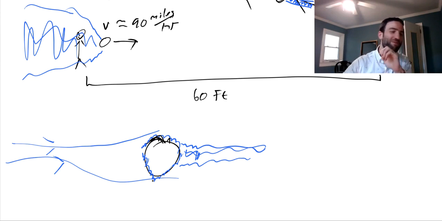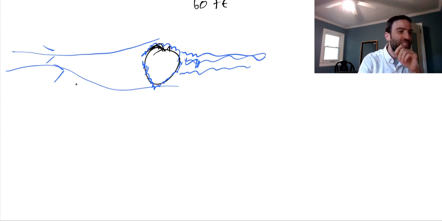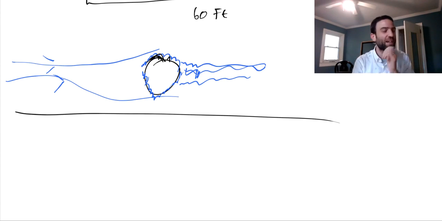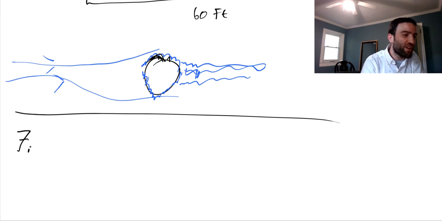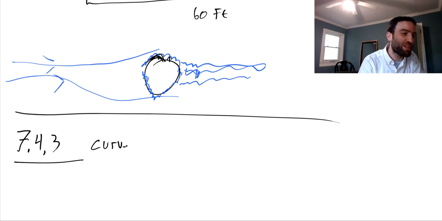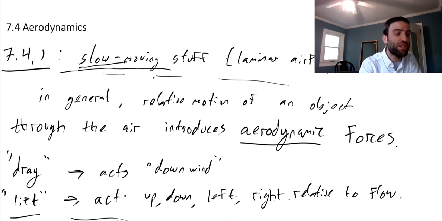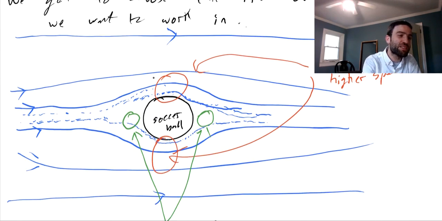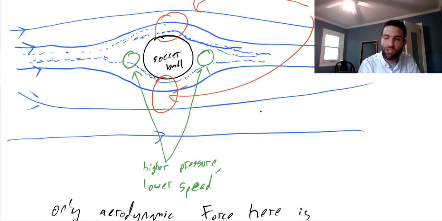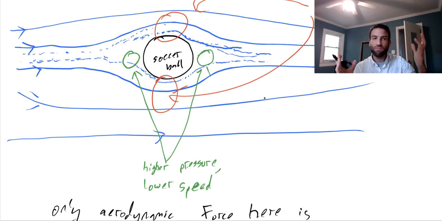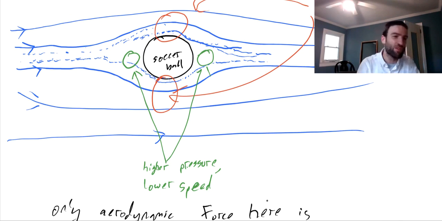Okay, so one of the last things that I want to cover in this section, and this is already a little bit of a longer video lecture than I would have liked, but this last bit isn't too bad, is to think about curveballs, right? So far we've looked at situations where, in smooth laminar flow, we have totally symmetric distributions of pressure around a moving object through fluid, so there's no pressure forces.